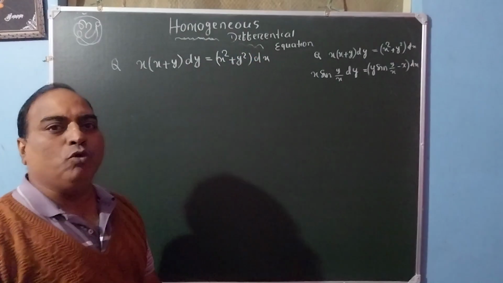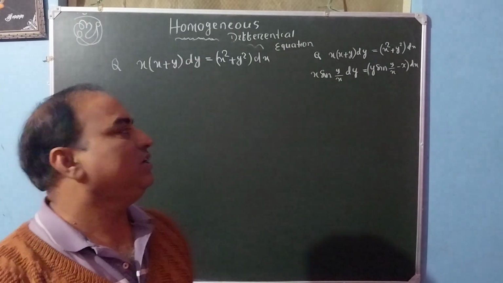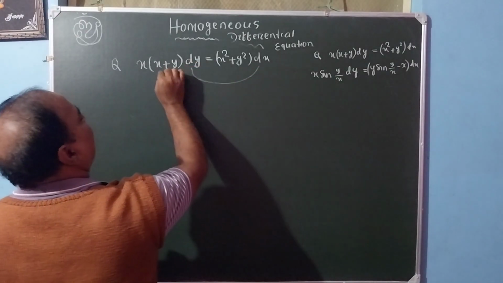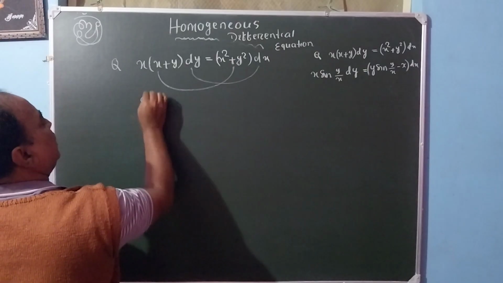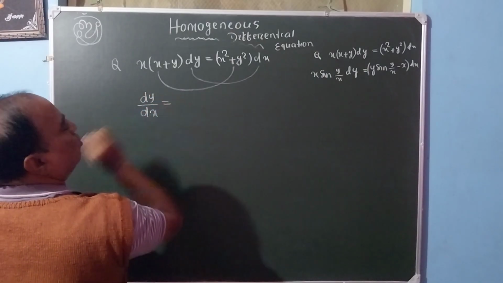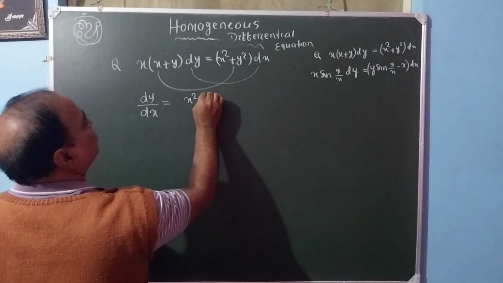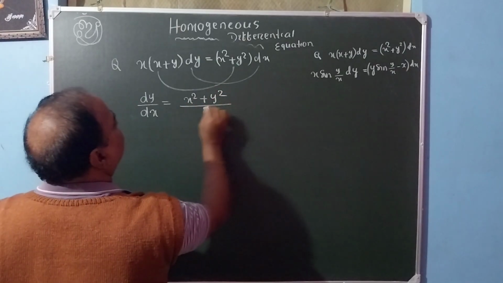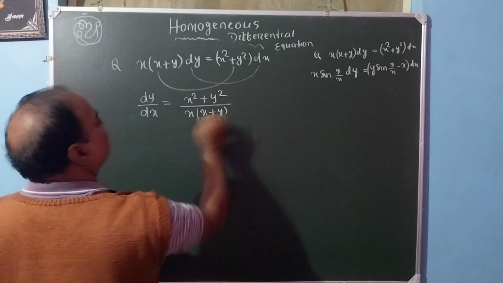First of all, you have to bring this into a homogeneous differential equation. How? dx will be divided here and this will be divided there. So we get dy by dx is equal to (x square plus y square) divided by x into (x plus y).